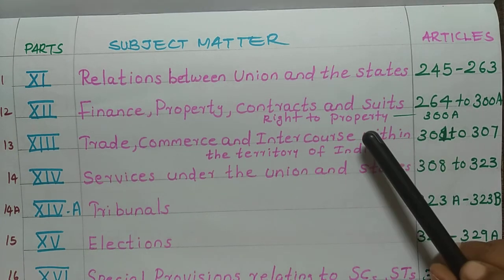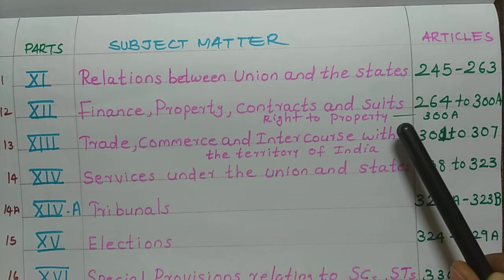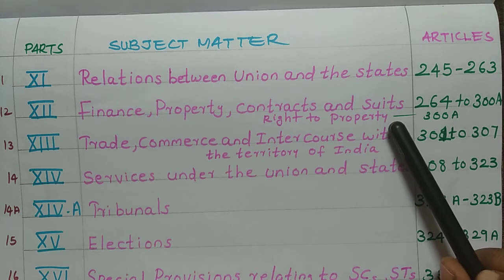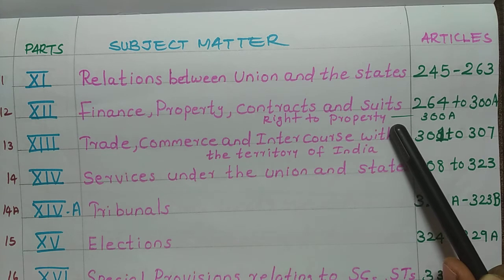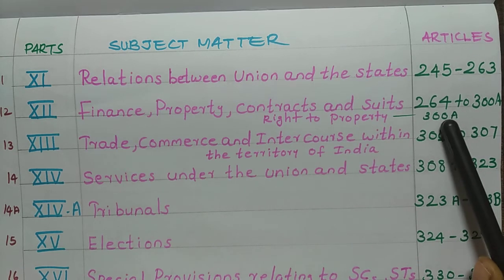This right to property is also an amended article, because before it was a fundamental right, and again it was changed to a legal right. So this was amended. That's why it got the number 300A.